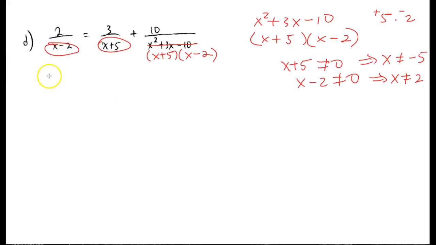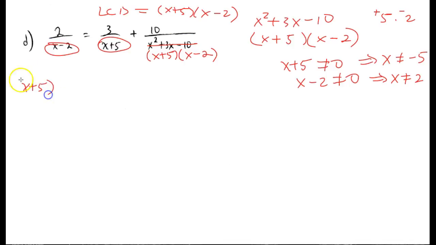Okay. All right, so moving on, we're going to take our equation here and multiply both sides by the LCD. And our LCD in this case is just going to be x plus 5 times x minus 2. Okay. So if we go ahead and do that, this is what this looks like.